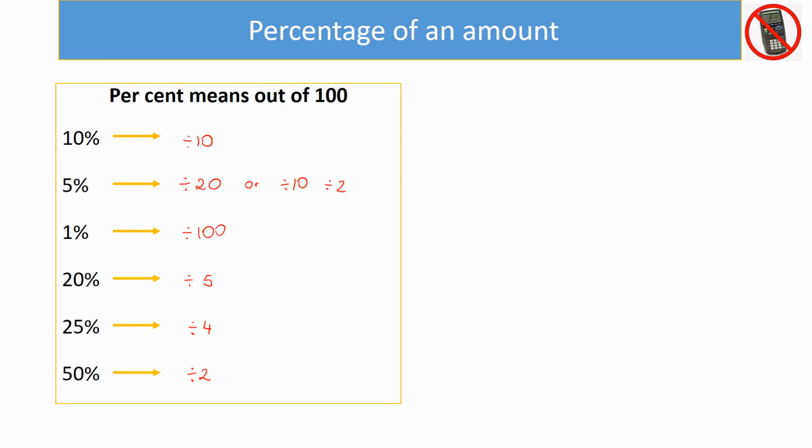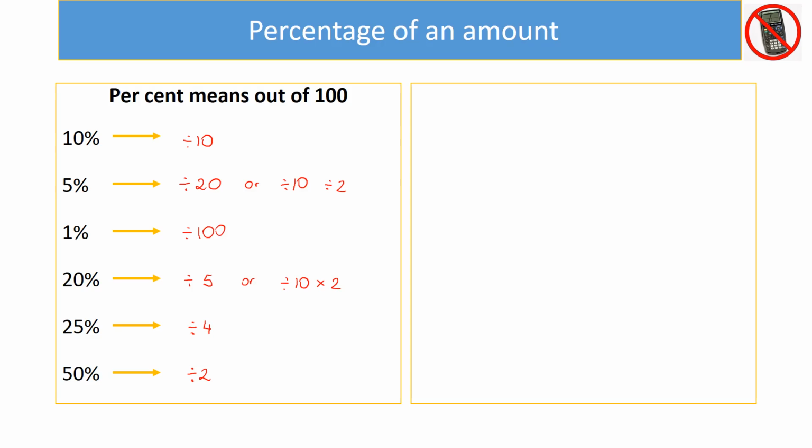Okay, and very often you can do it in multiple ways, just like for example with 20%, I could also divide by 10 first to find 10% and then times it by 2 because to get 20 I need to times 10 by 2. Okay, so sometimes there's different ways how you can get to the same number.